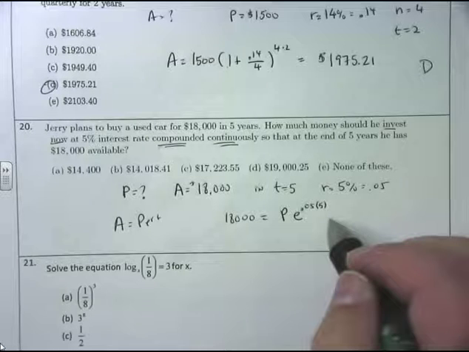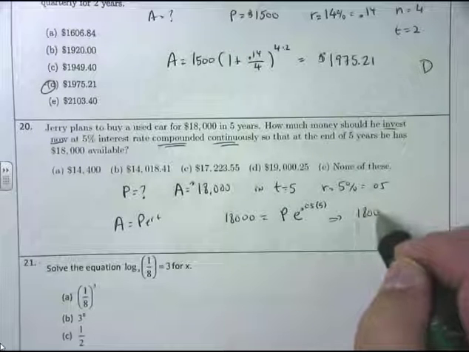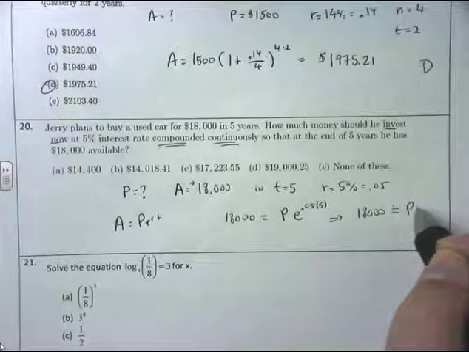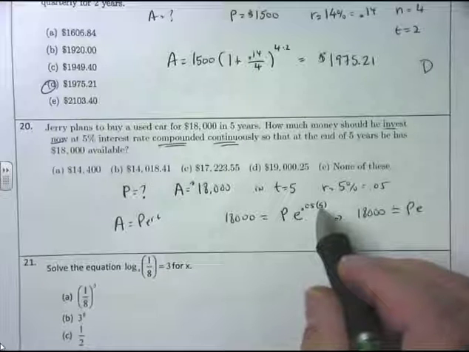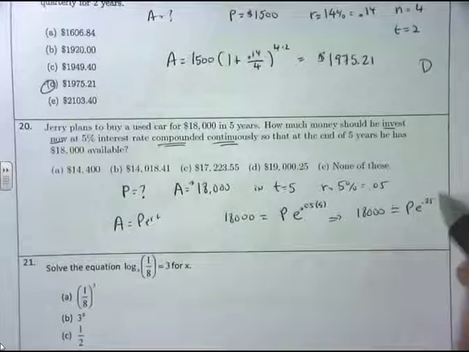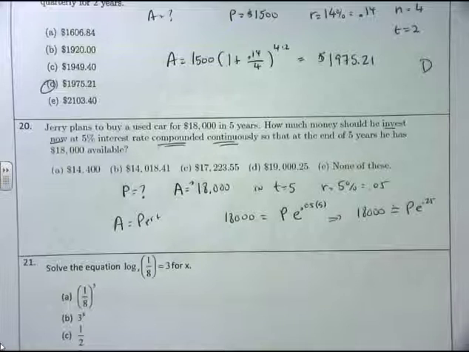We can clean that up. This will be 18,000 equals P e to the 0.05 times 5, which would be 0.25. But e to the 0.25 is nothing but a number.